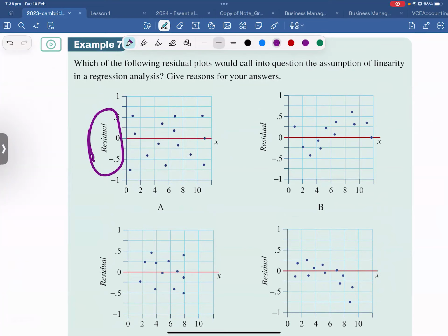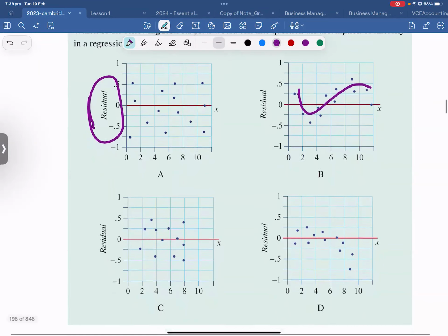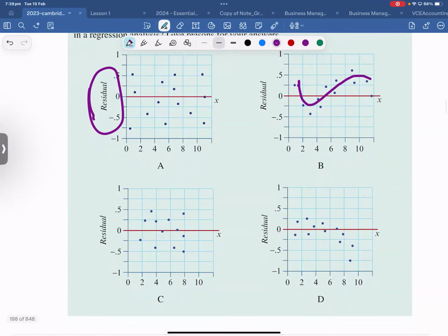What did you say for B, Maha? Clear pattern. Christian? Yeah, clear pattern, yes. See, there is a kind of clear pattern. Good. Then C, Christian? C is linear. D, Maha?